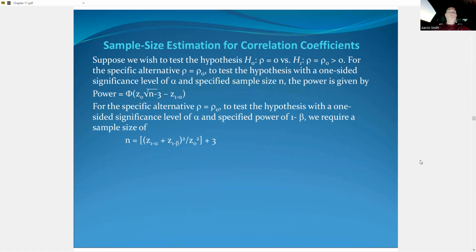All right, and so if I have not collected my data yet, I have control over sample size. One thing that I could do is ask, what sample size do I need to be able to get a certain level of power? If I know the power I want, my type 1 error risk tolerance, my type 2 error risk tolerance, and I've got my hypothesized values, I can go ahead and compute this.